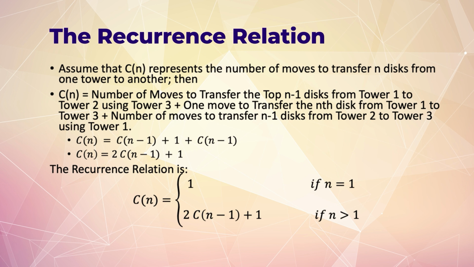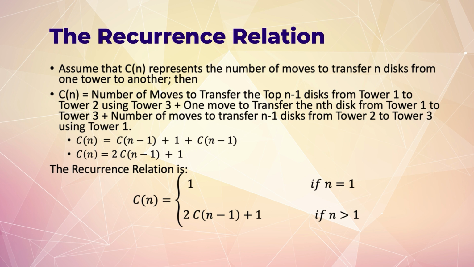So, Cn minus 1 is the moves required to transfer n minus 1 disks. So, the Cn becomes basically twice of Cn minus 1 plus 1. So, what is the recurrence relation as far as moving the disks is concerned, or the complexity is concerned?